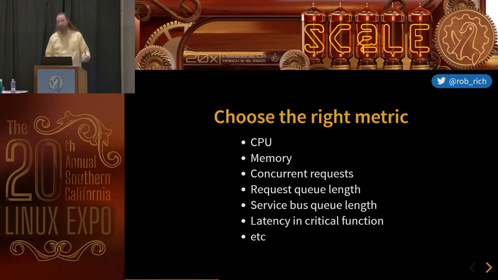What is the right metric for your workload? What is the critical piece that defines if your workload is over capacity or under capacity? Is it CPU, memory, concurrent requests, the request queue length, the number of messages in your service bus, latency in a critical function? What is the metric that is critical to your system?